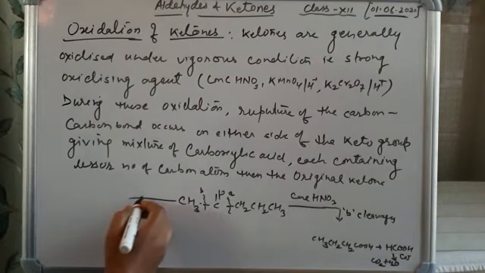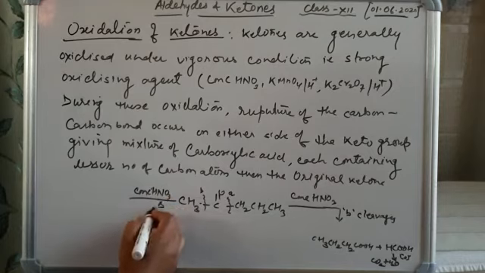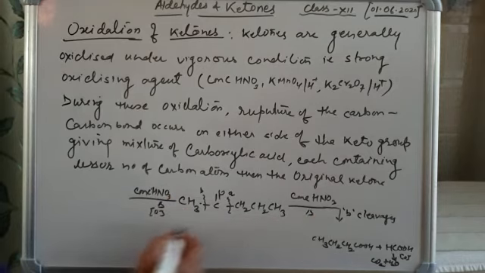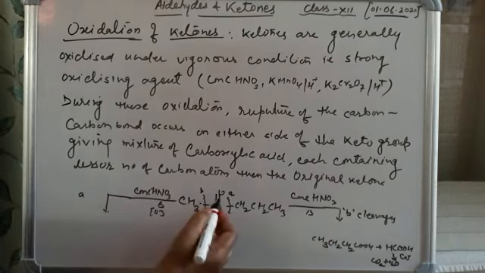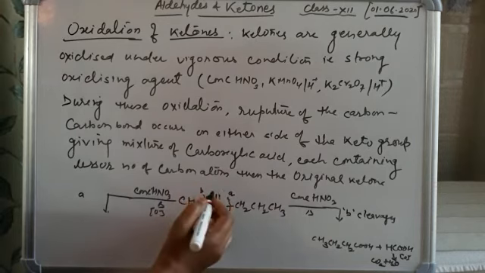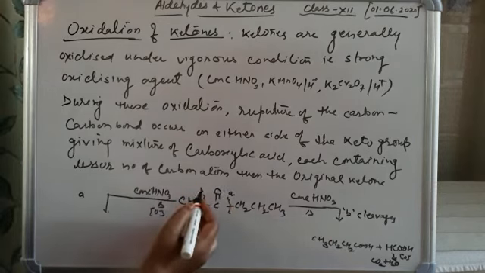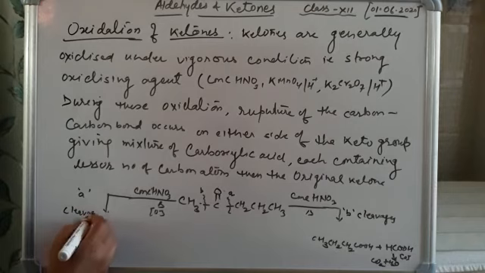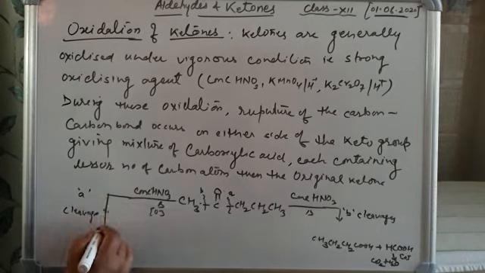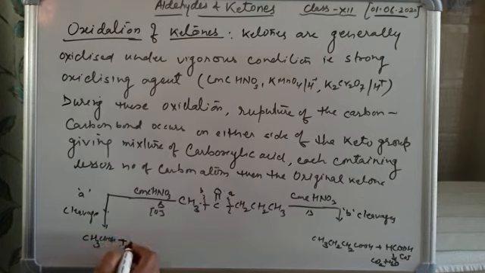In the presence of concentrated HNO3, oxidation takes place with cleavage of A here and B here. If cleavage of A takes place, there is formation of acetic acid and propanoic acid.